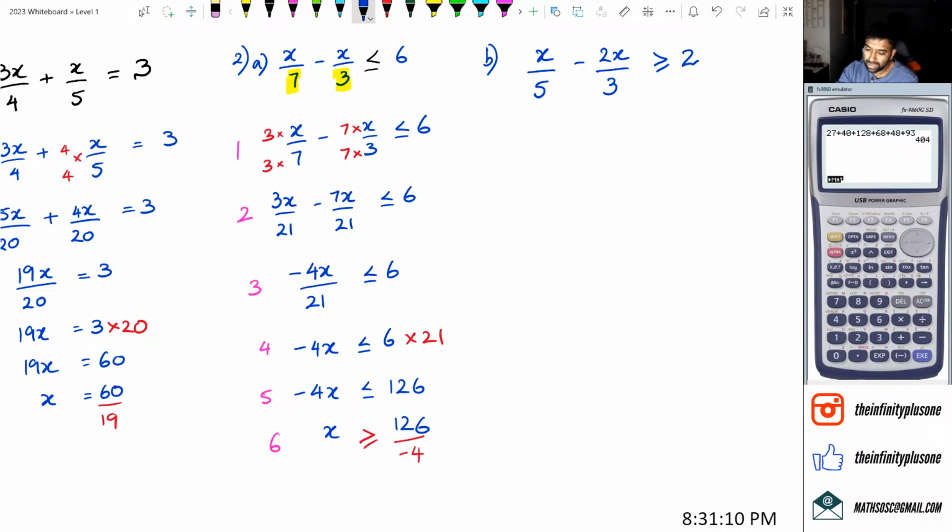I'm trying to think, was there one like this last year? I can't remember. No, they didn't put it last year. Inequalities, nor fractions.